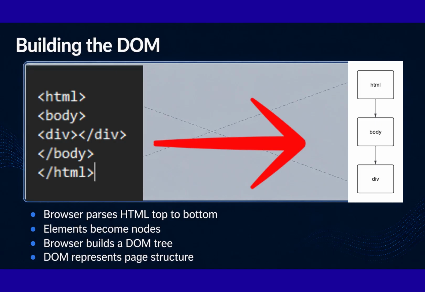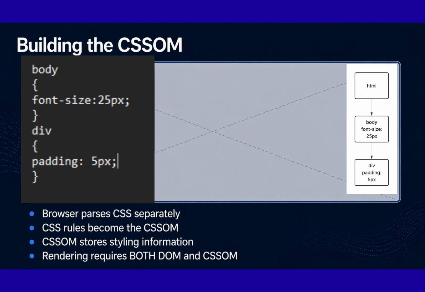A div becomes a node. These nodes are connected together into a tree structure called the DOM tree. The DOM represents the structure and content of the web page. JavaScript can later use this structure to interact with the page. See, even with just HTML, the browser now has a structured representation of the document.